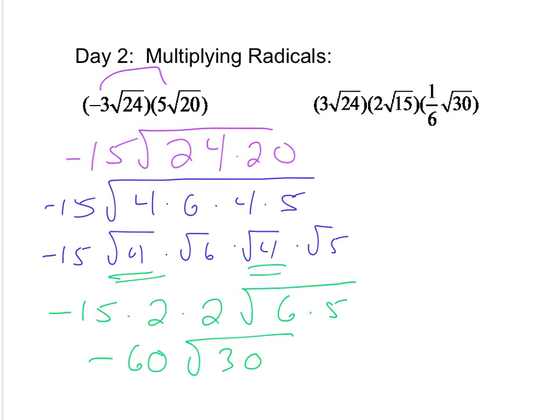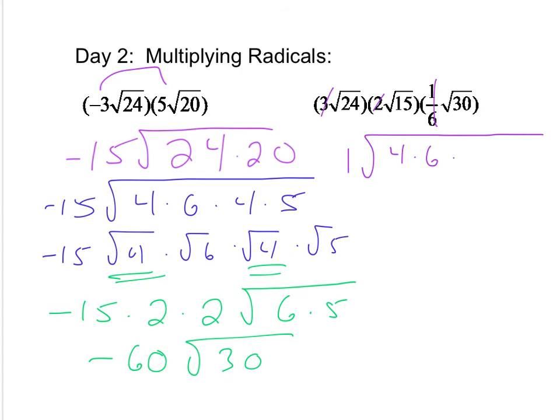Okay, over here on the right, I have 3 times root 24 times 2 times root 15 times 1 sixth times root 30. Let's do the outside first. 3 times 2 is 6. 6 times 1 sixth is 1. So those outside numbers all became 1. Inside the radical now, I have 24, which is 4 times 6.